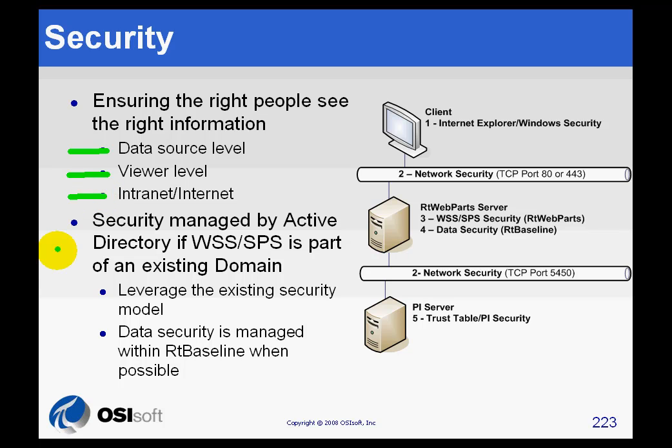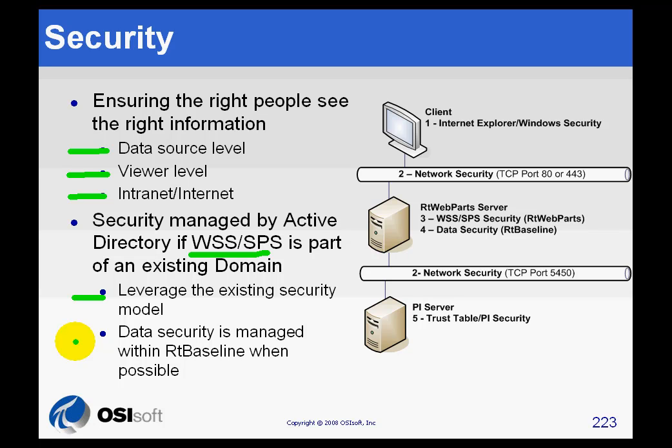Now, if you are using Windows SharePoint server, or if you're using this on an existing domain, then a lot of what we do is simply going to leverage existing Windows Active Directory settings. That's because the Windows users and Active Directories we pick up are going to be passed on to the trust table when we try to connect to the Pi server.